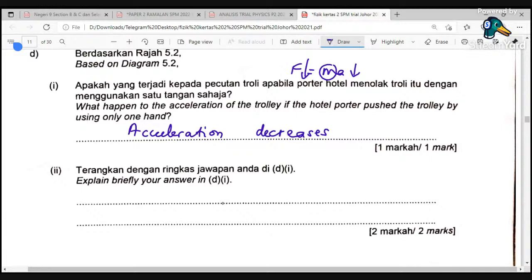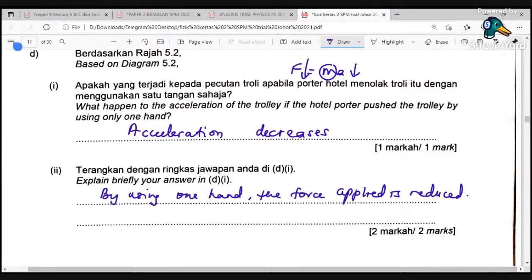Okay, by using one hand, the force applied is reduced.